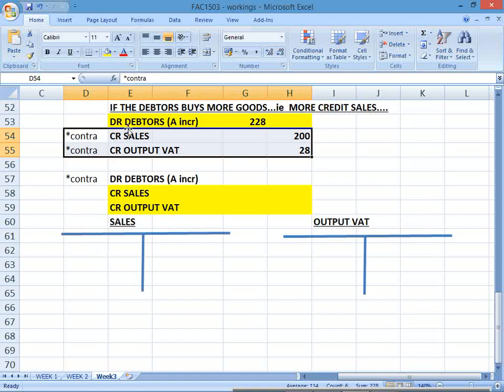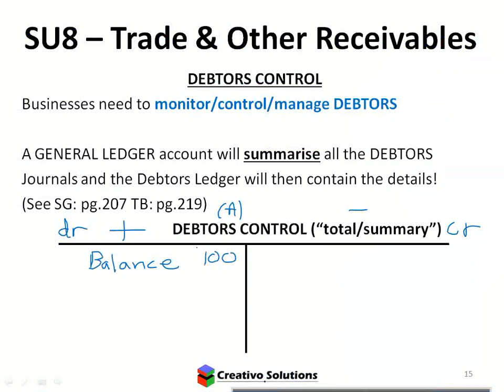So now what am I going to do? In my debtors, I'm going to have 228, but it's because of that. Do you agree? So in my debtors, here's my debtors control. I'm going to have sales. That would have come from the sales journal, the debtors journal. I'm just going to use SJ. And it was 200.